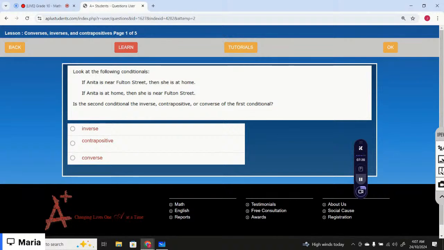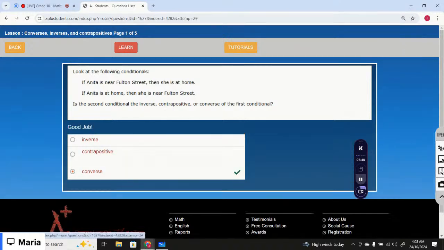So in the second one, the hypothesis and conclusion are switched. That would be converse. The correct option is converse.